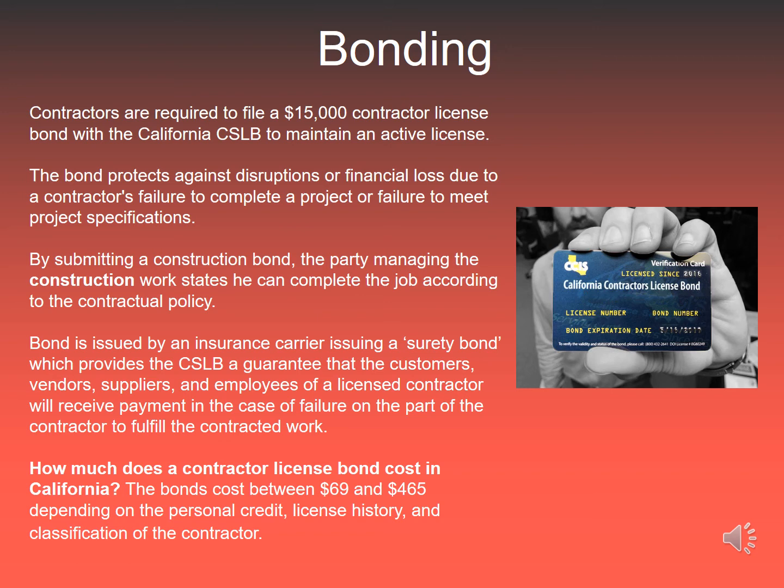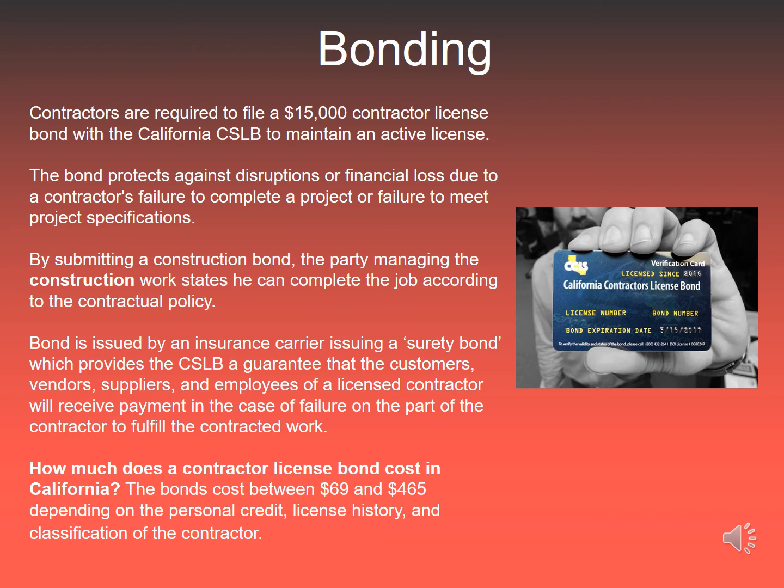Somehow, if that happens and you can't complete the job according to your contract, you may not get paid by the client, and then you can't pay your vendors and suppliers and employees, etc. You have to have a bond of at least $15,000. That again is like buying insurance to make sure that the people that work for you and the vendors get paid in that case.